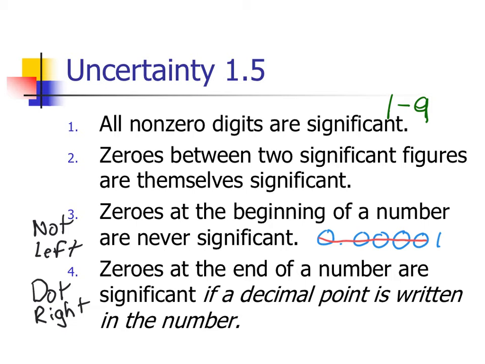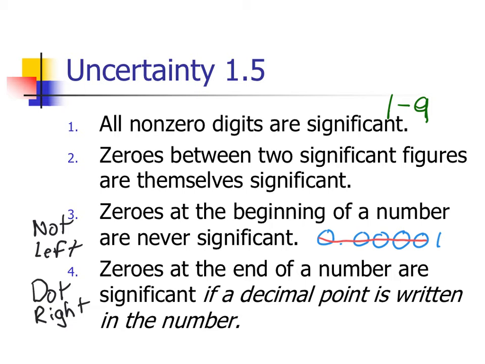Those zeros that I have crossed out in red are on what direction of that non-zero digit? They're to the left. They do not count. The ones to the right do count. Dot right counts, not left.